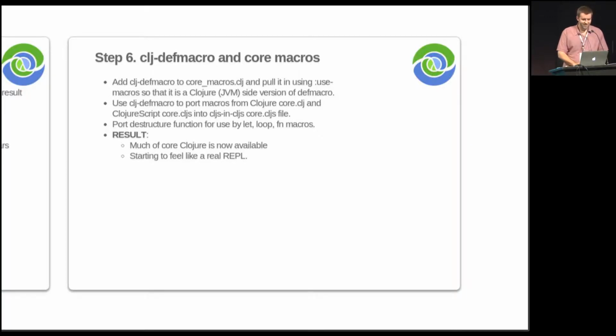So, anybody confused yet? But the result of this is that now you have the ability to use all the nice things that you expect and maybe don't even realize are macros, like defn and loop and let and all those good things. In addition, I ported the destructure function, so now you can actually do destructuring in those macros. So that's good. That was basically step 6.